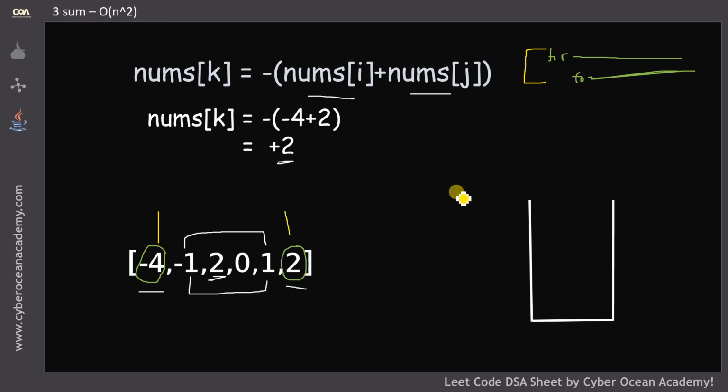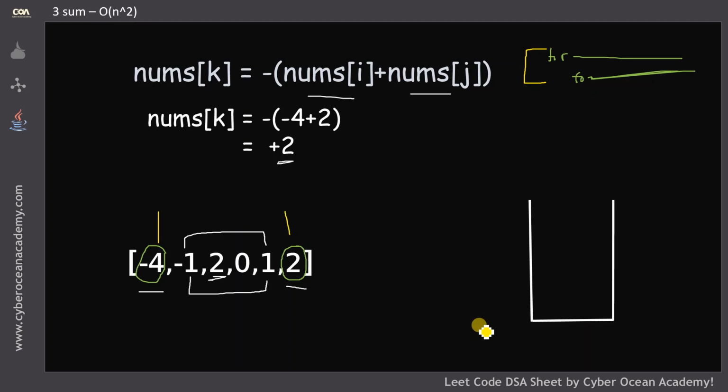So if we take any time complexity greater than order of one further, it will be greater than order of n square. But we have to solve this problem in order of n square, so we are using a hash set here. We are using a set data structure storing the elements which are between these two elements -4 and 2. So here this is the fourth step, where we are using a hash set.